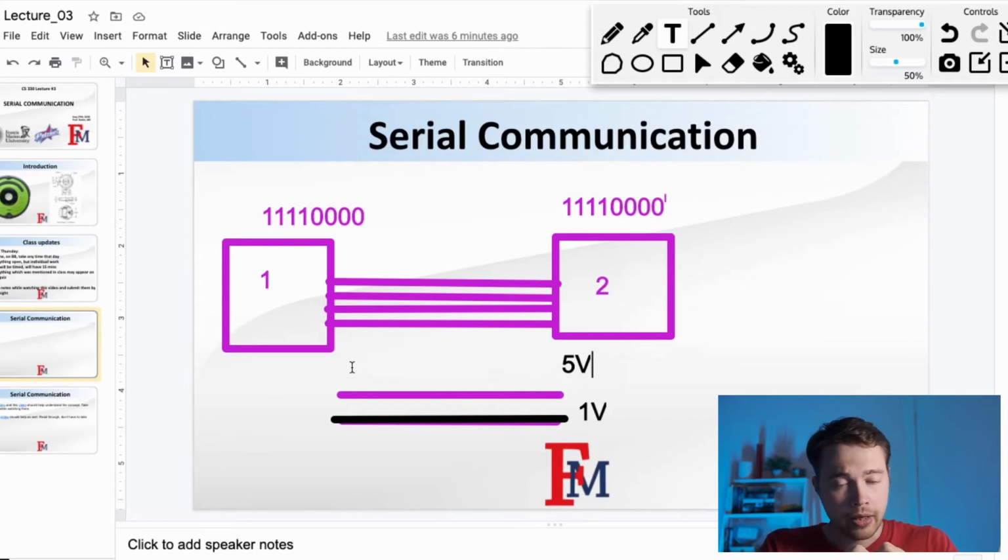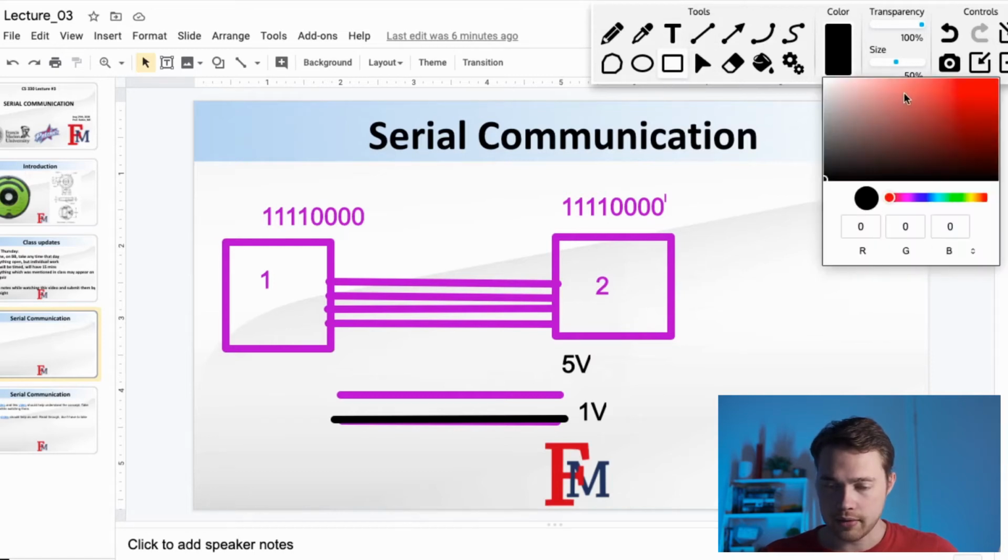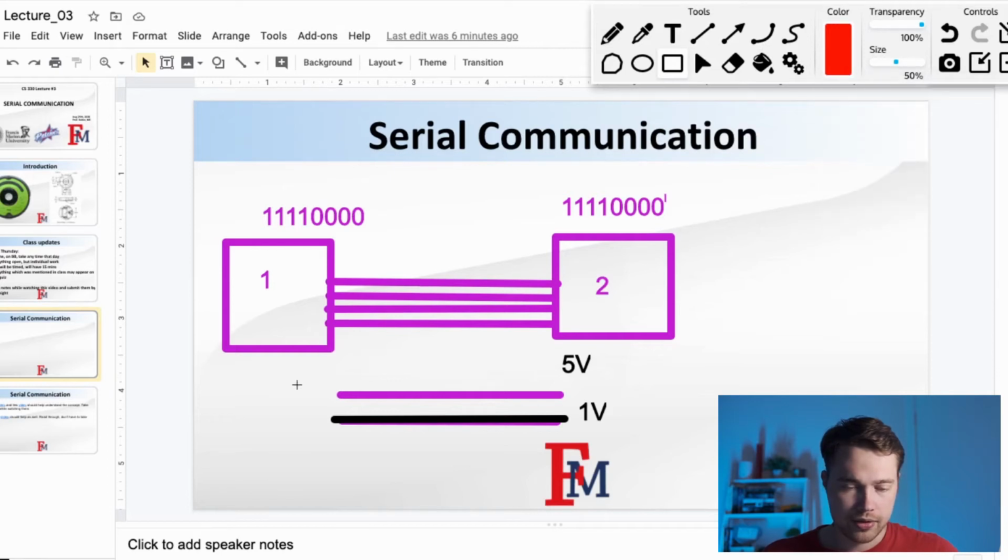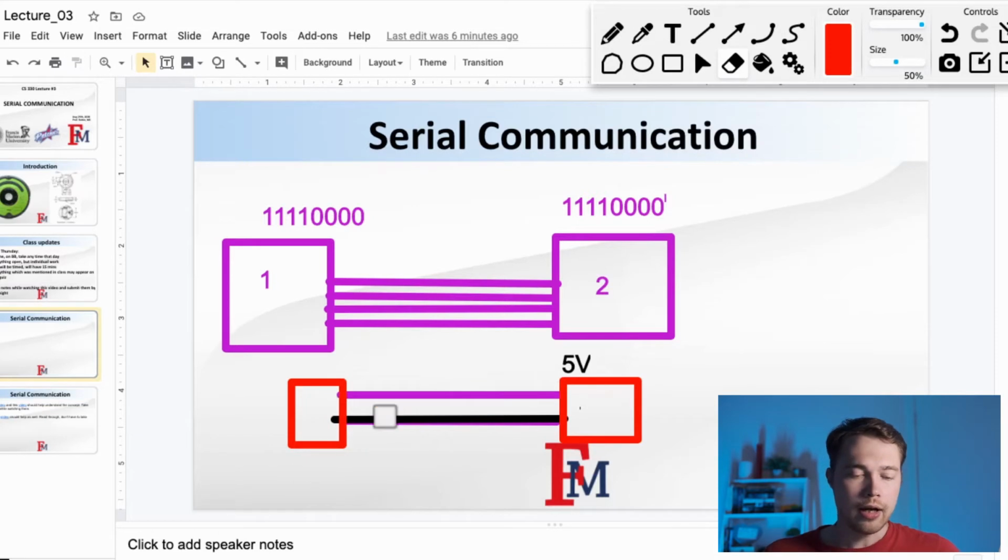Okay. So again, imagine the situation. Imagine I have 2 computers. That's one computer. That's second computer. I have 2 wires in between. One of them is ground, and the other one actually has the signal.